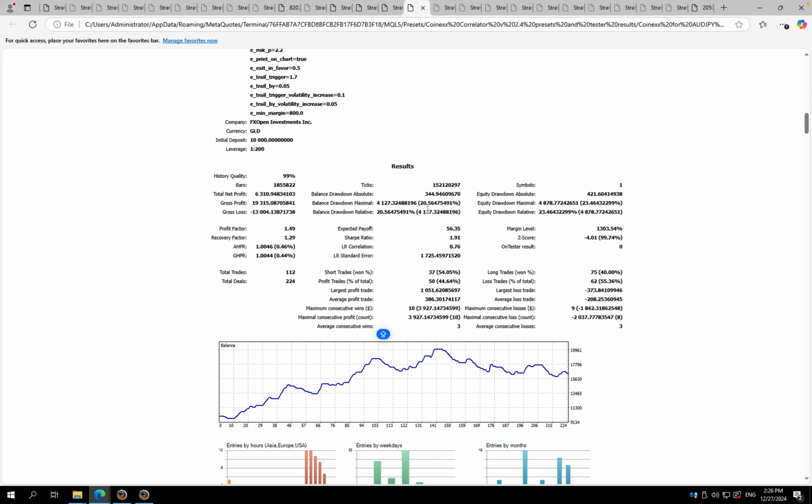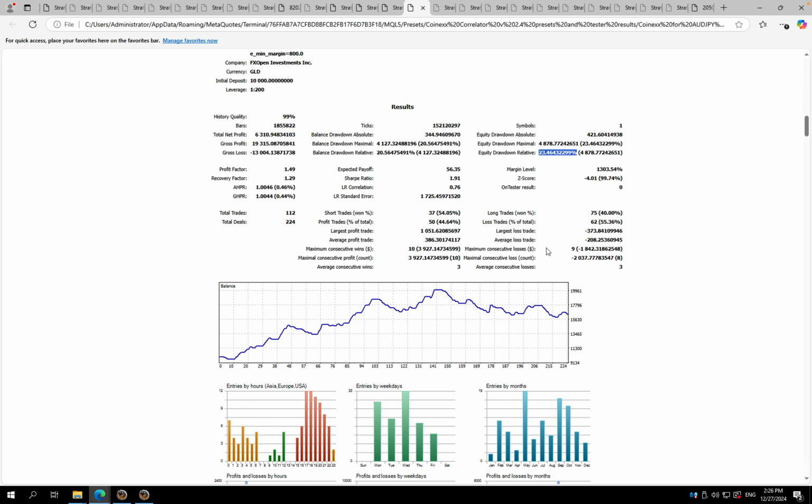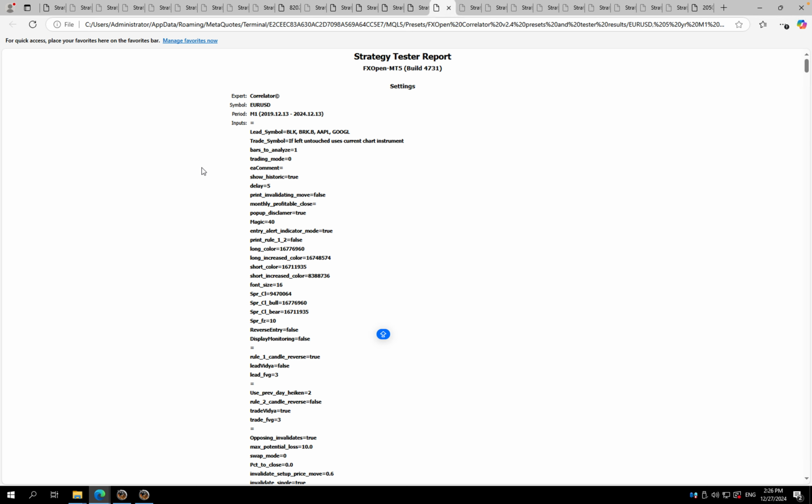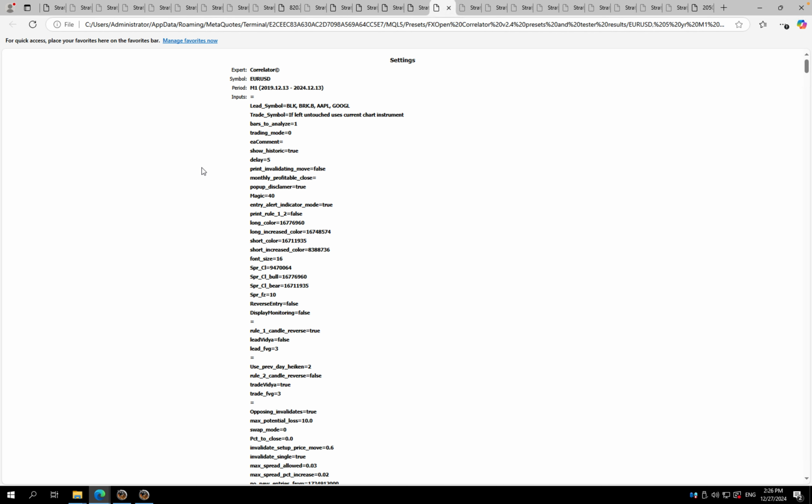Drawdown being 23% at its highest, and average profit 386 per trade, average loss 208 per trade. So that's how it sustains this balance and equity growth over time. Next one being Euro USD between this period to that period.